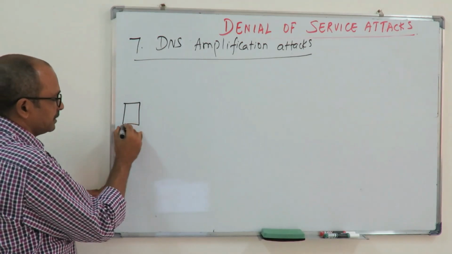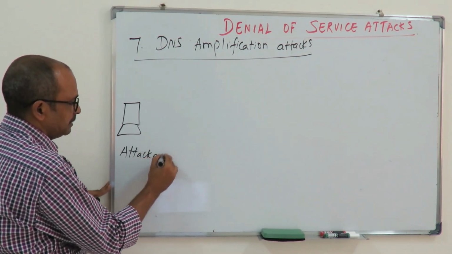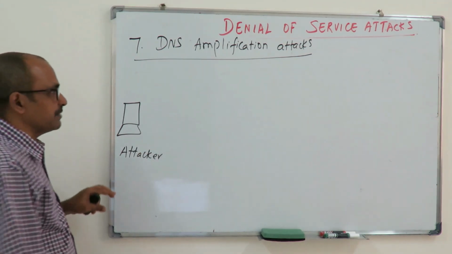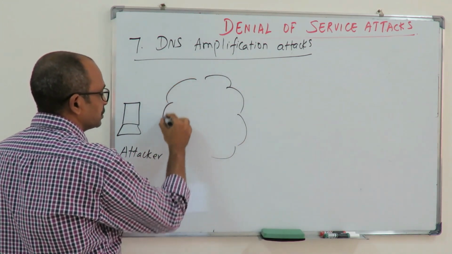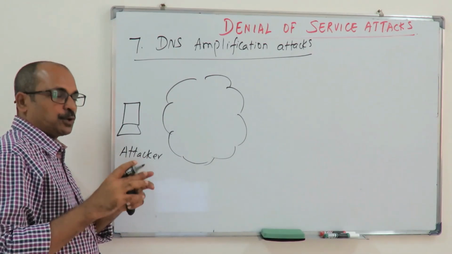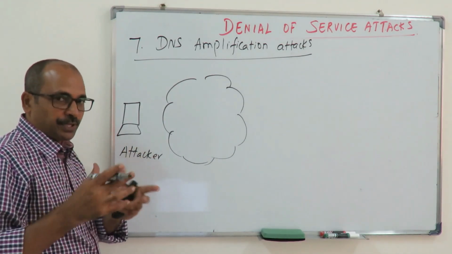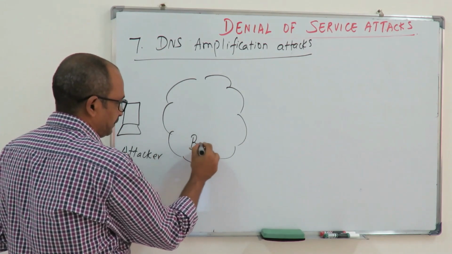This is the attacker machine. Then we have the botnet, or zombie network. I'm including everything, zombie handler plus the zombies, and I'm going to say it is the botnet.